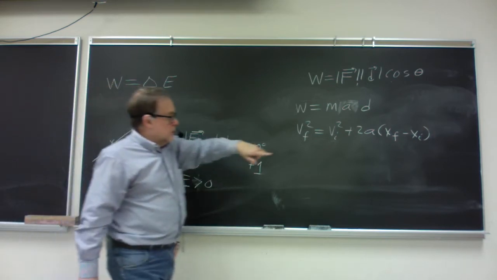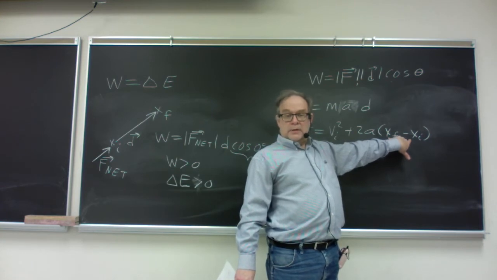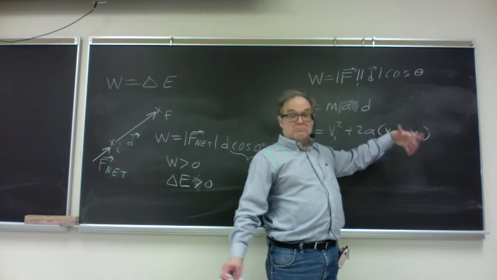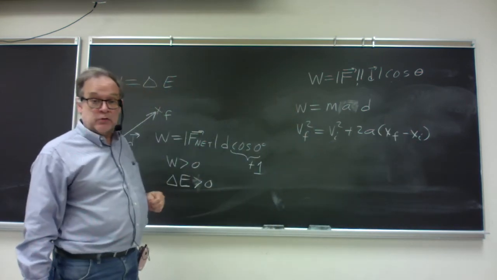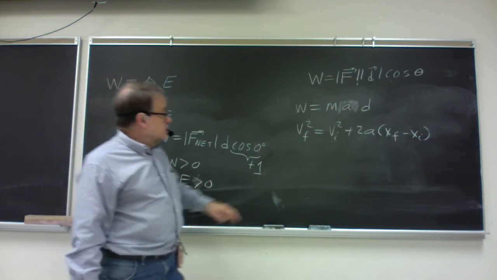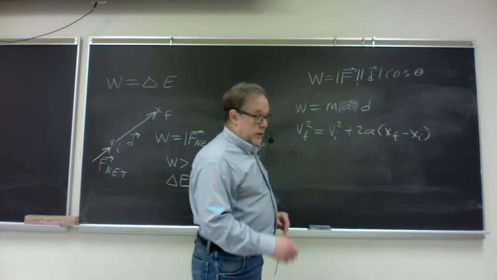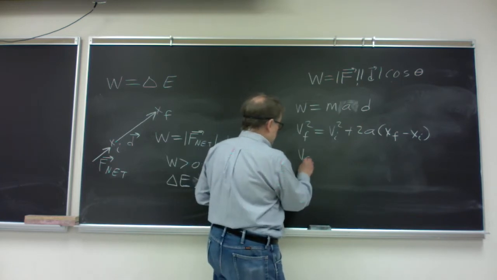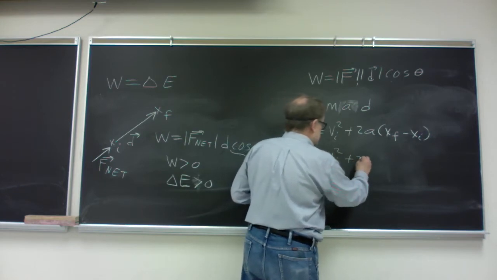So that would make this difference here, the difference between the final location and the initial location, just the same as the distance traveled between the start and the finish. In other words, just the same as d. So what this equation really tells us is that final velocity squared equals initial velocity squared plus 2ad.